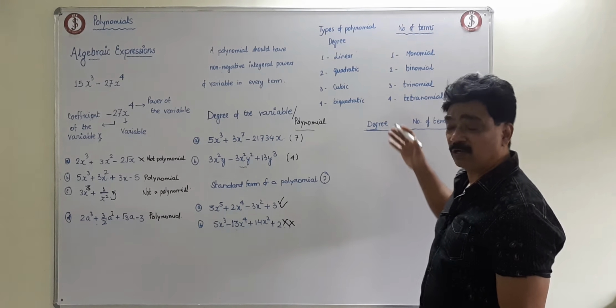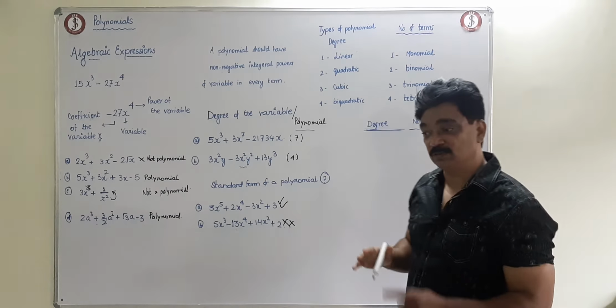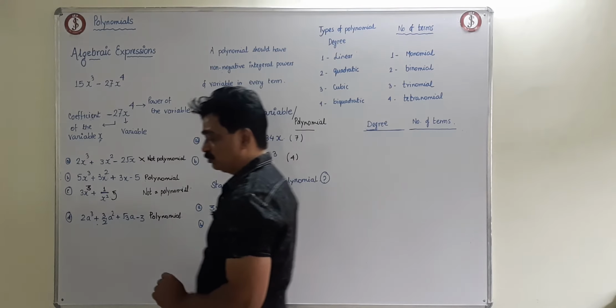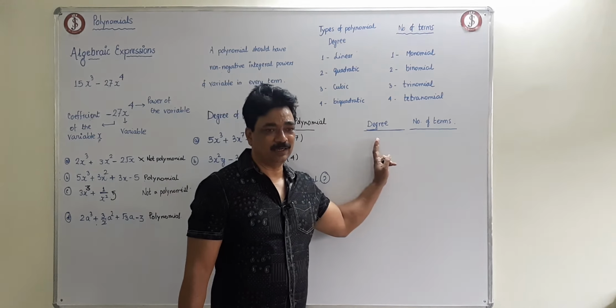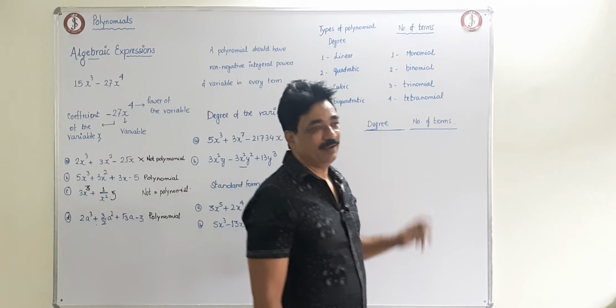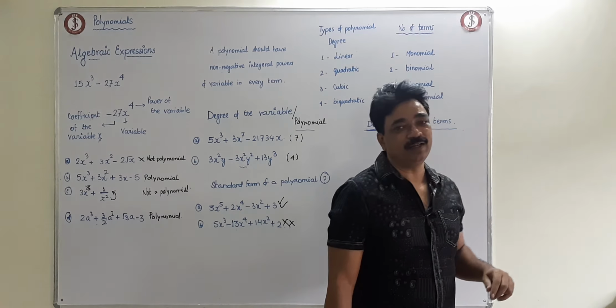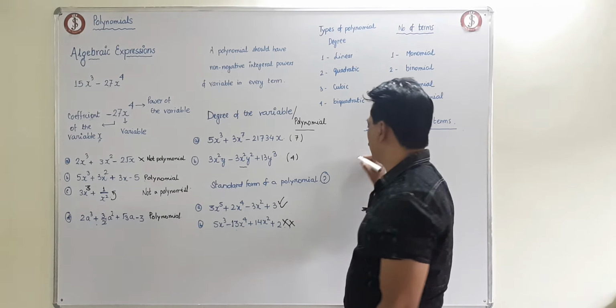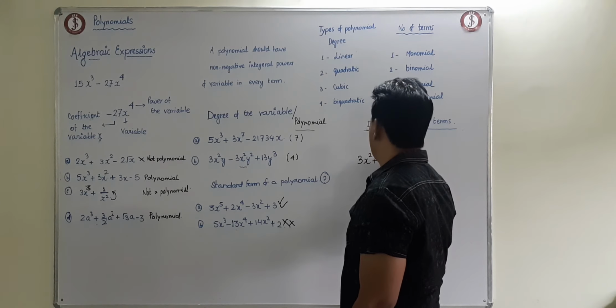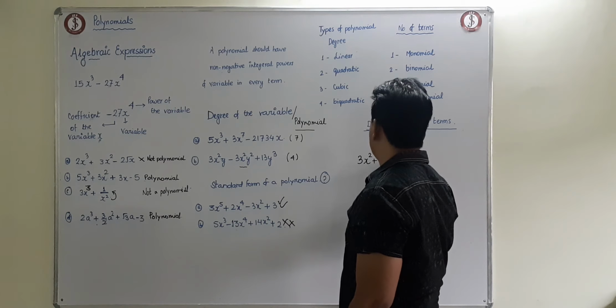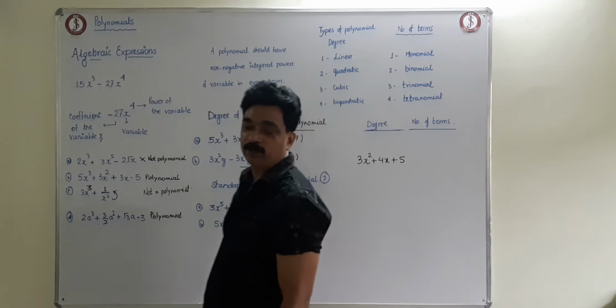But then we also have to know how many terms there are. That means a polynomial also always has to be named. The first name should be according to the degree, and the second should be according to the number of terms. Now let us find out this one: 3x square plus 4x plus 5. First, it is a polynomial.